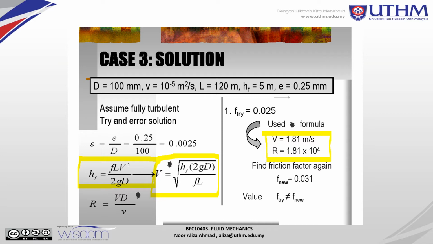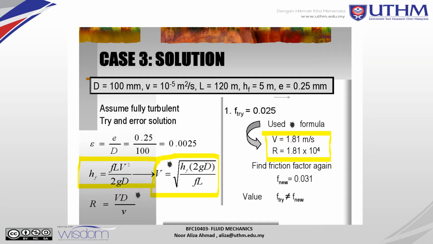Using trial 1, we use the F trial. For the F trial, you must use a value from 0.020 and above, from the Moody chart.